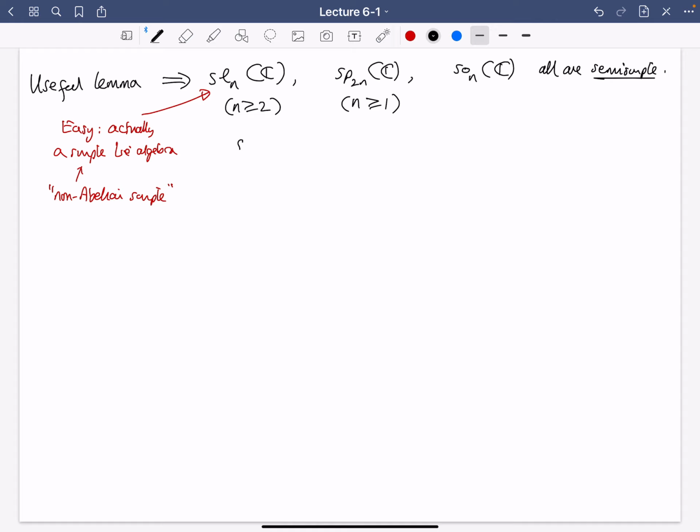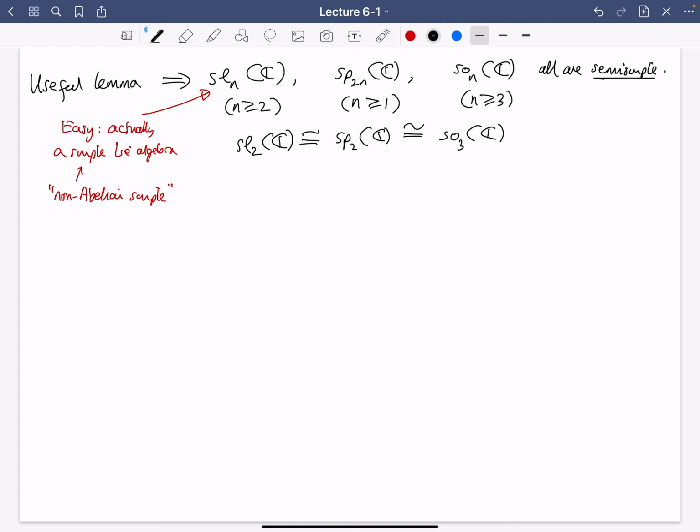SLN starts with SL2. That's the first in the SL family. Symplectic starts with SP2, that's the first in the SP family, and the special orthogonal starts with n equals 3, so SO3, that's the first in the special orthogonal family of classical Lie algebras. And you might notice that actually the first one in each of these families happen to be isomorphic to each other.